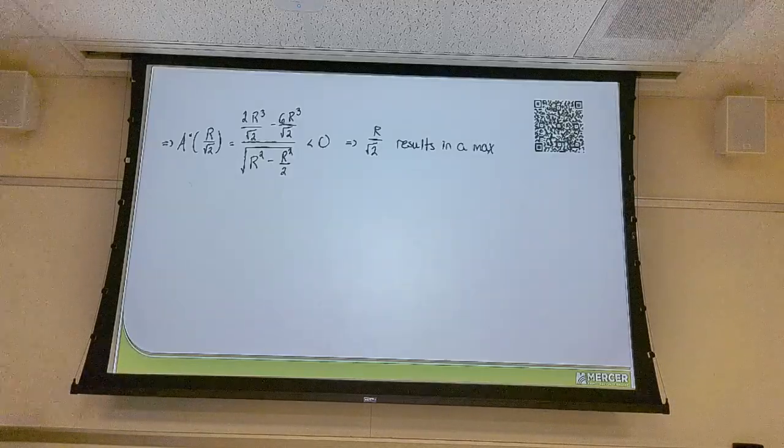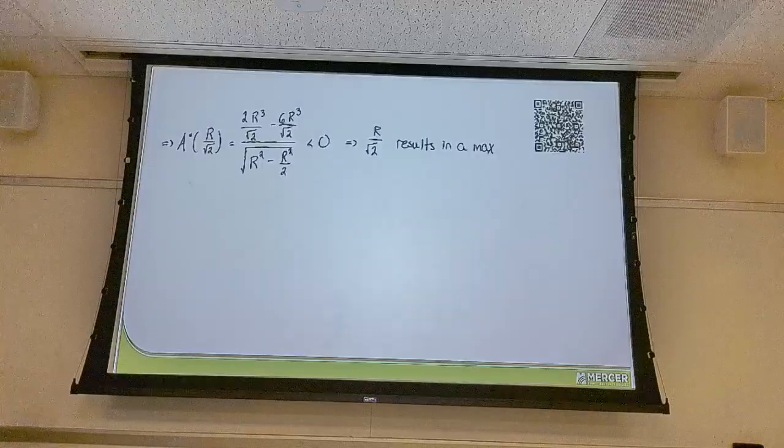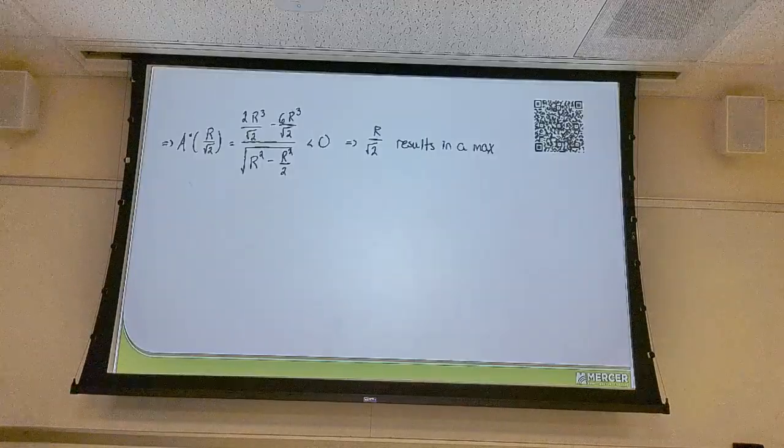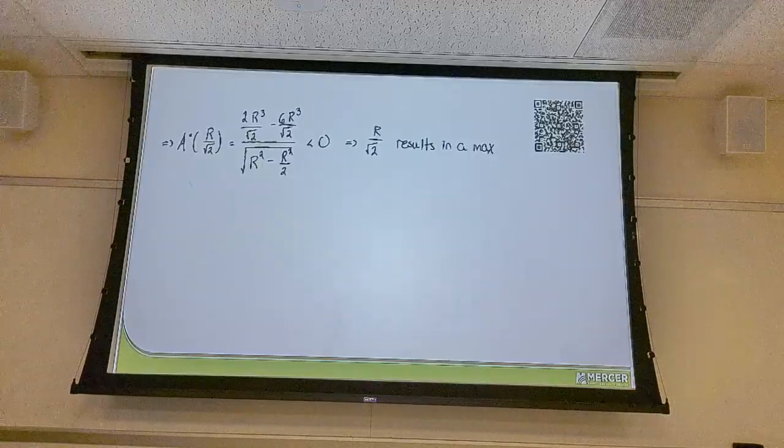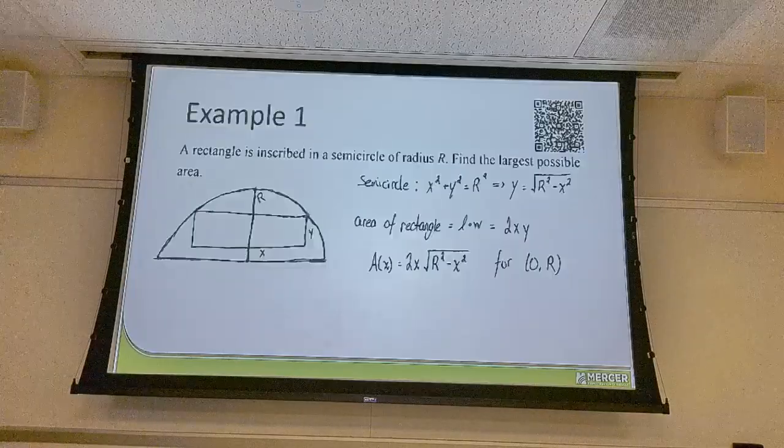That means the critical point results in a max, which is what we wanted. They wanted maximum area, I believe, right?